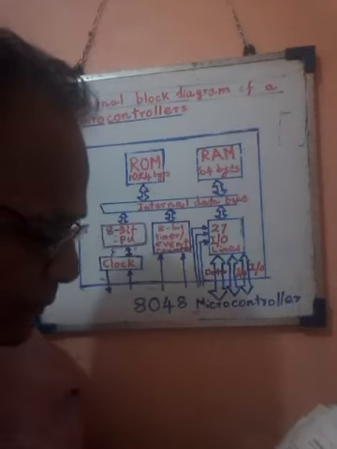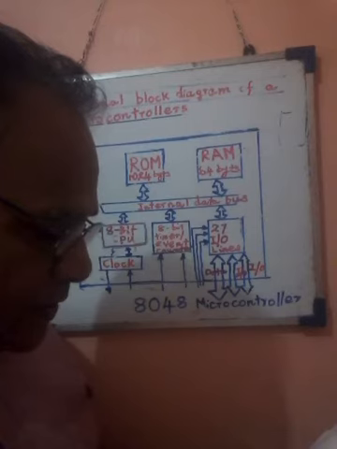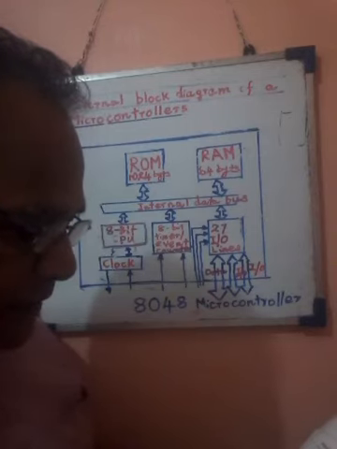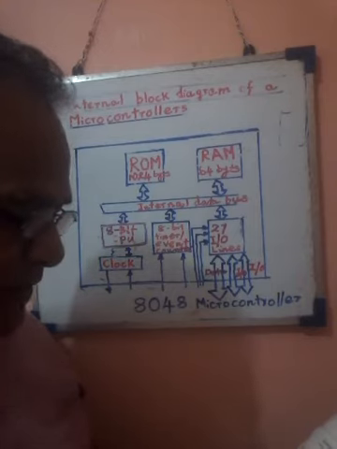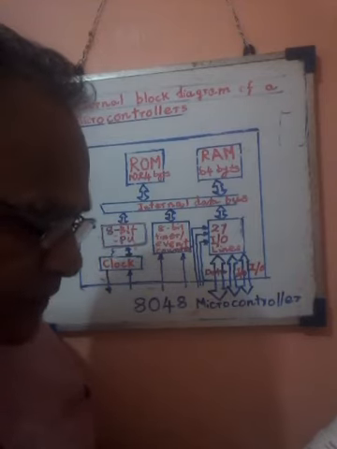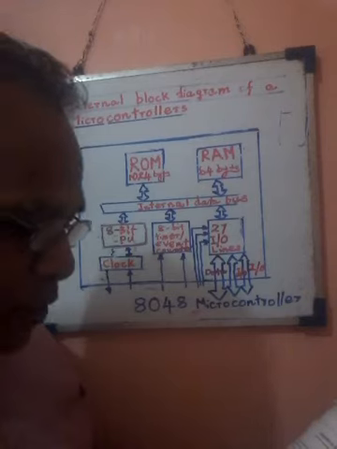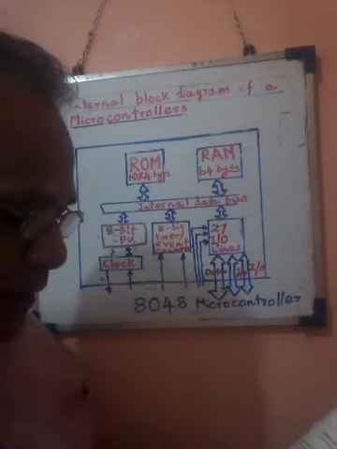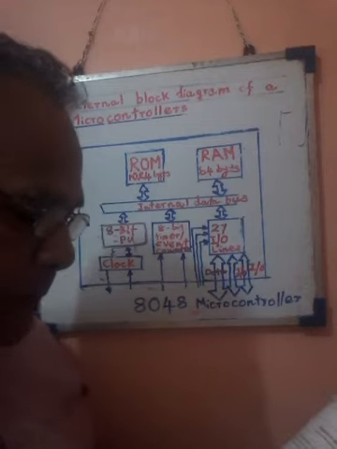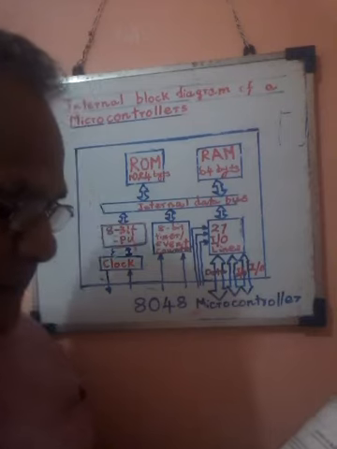Number two, a microcontroller usually has one or more I/O ports. I/O port means input-output ports. But a microprocessor has none.